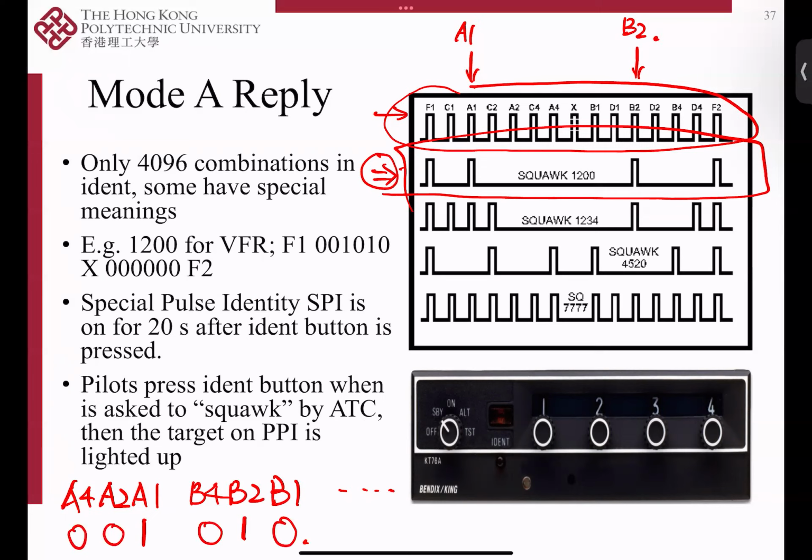So we're going to understand how to read this one. Because they are using this kind of binary data, we're going to read it in binary. Corresponding to A4 is 2 to the order of 2. In terms of A2 it is 2 to the order of 1. And in terms of A1 it is 2 to the order of 0.